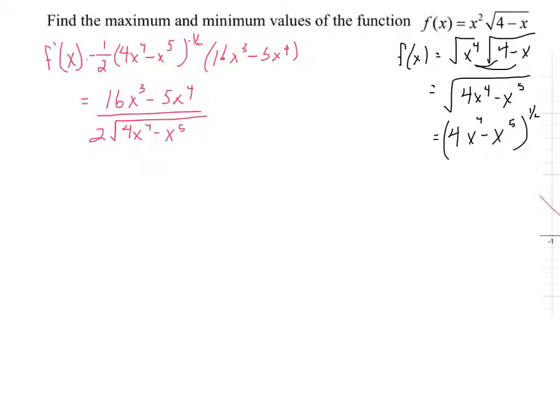I'm going to do a little factoring. Knowing that I'm going to need to find critical points, I'm going to do a little factoring on the top and bottom. Okay, so on the top I'm going to pull out an x cubed.